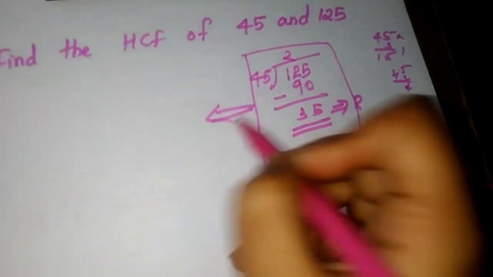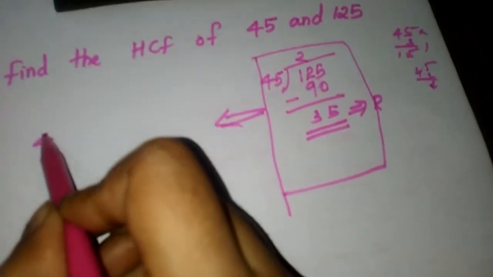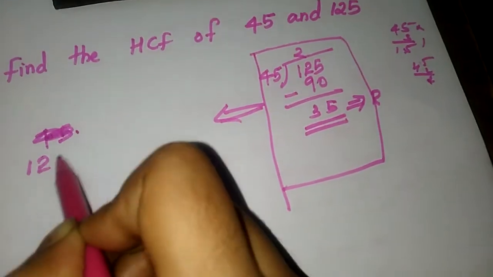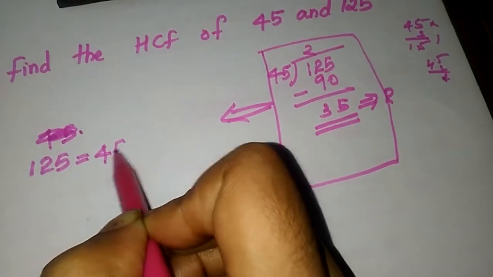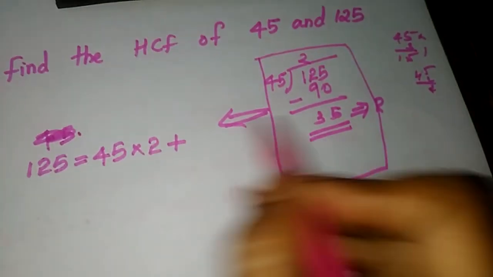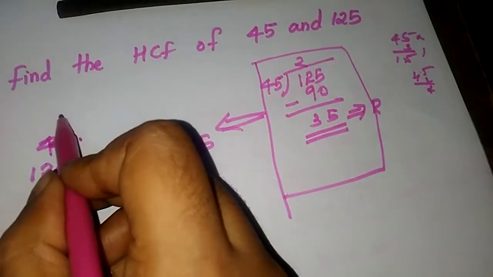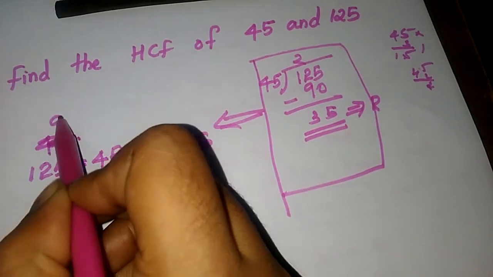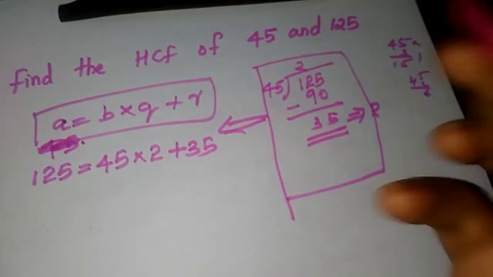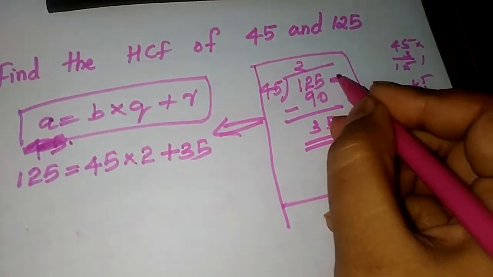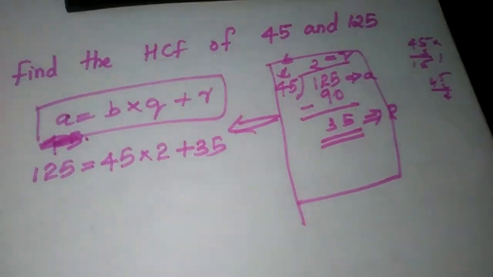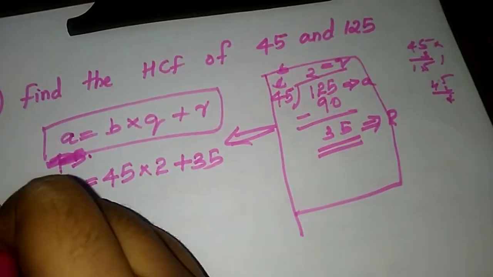How to write this as a Euclid division lemma? 125 = 45 into 2 plus 35. Here a is 125, b is 45, quotient is 2, remainder is 35. This is step 1.